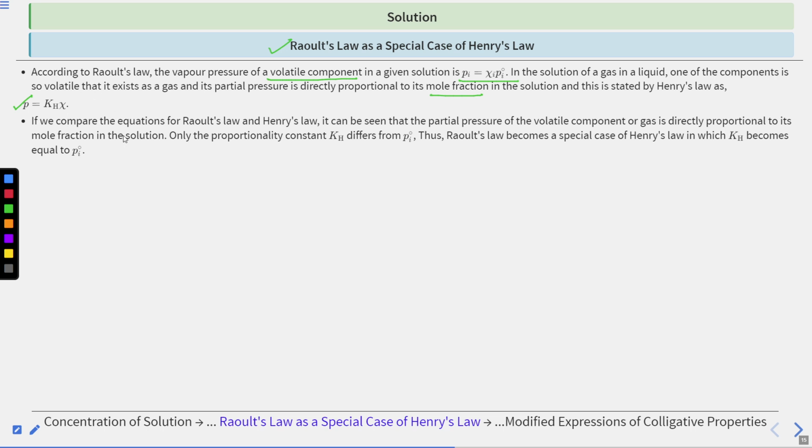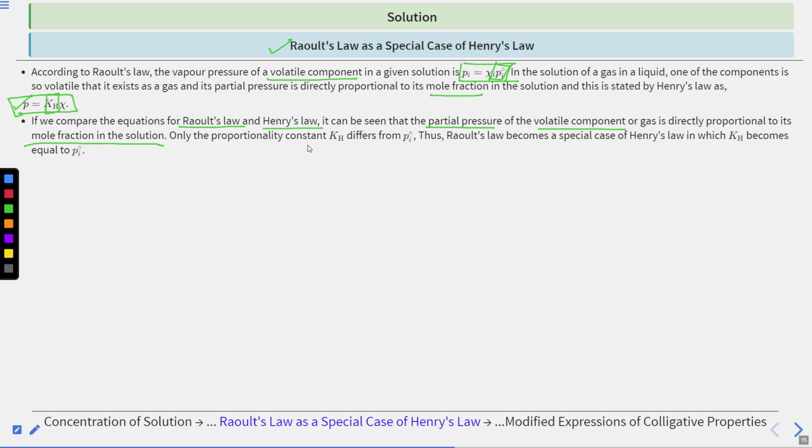So if we compare the equations for Raoult's law and Henry's law, it can be seen that the partial pressure of the volatile component or gas is directly proportional to its mole fraction in the solution. You can see in the equation given by Henry and the equation given by Raoult that every term is the same other than pi naught and the kh value.